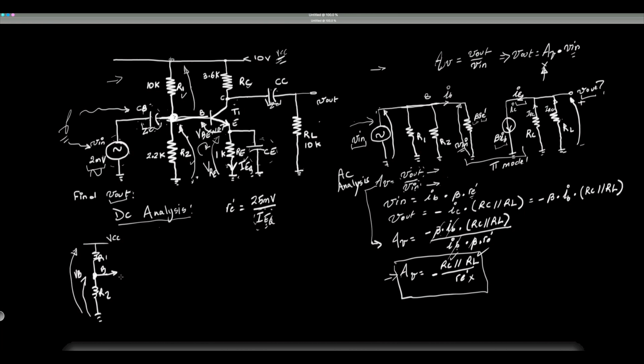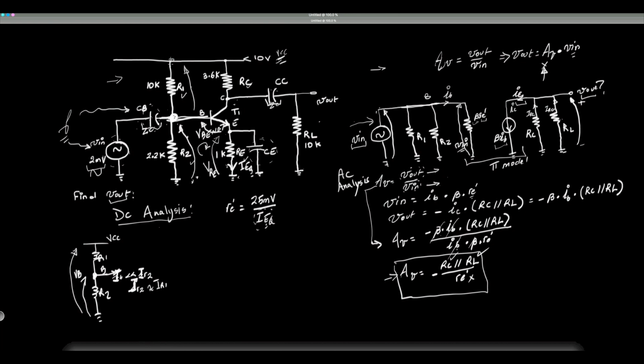Okay? And we're going to assume, and most likely if you do the measurements, that the current IB here will be much, much smaller than the current going through R2. In other words, IR2, the current going through the resistance here, let me put it in capital because these are DC values, is going to be almost equal to IR1.